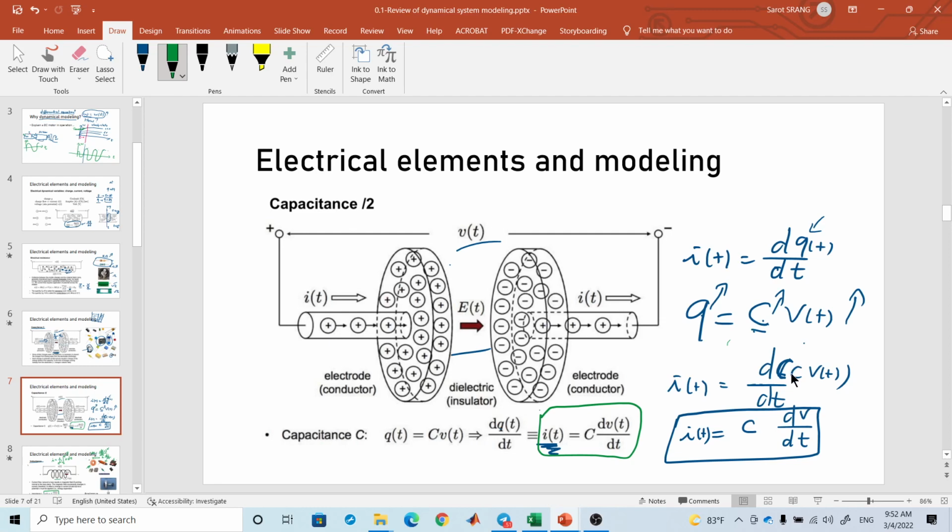You take the time derivative of v here; c is constant. As I said, engineers like to simplify things to make our life easier, right? We try to make this thing have constant capacitance. Then you can easily have a linear relationship between current and voltage.